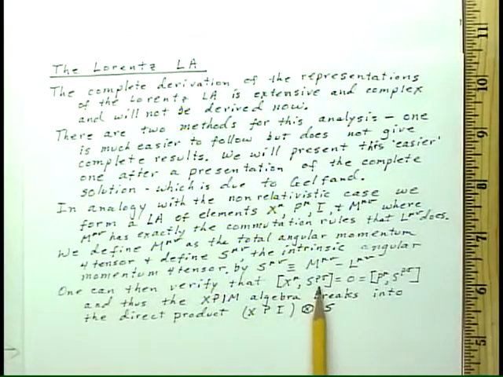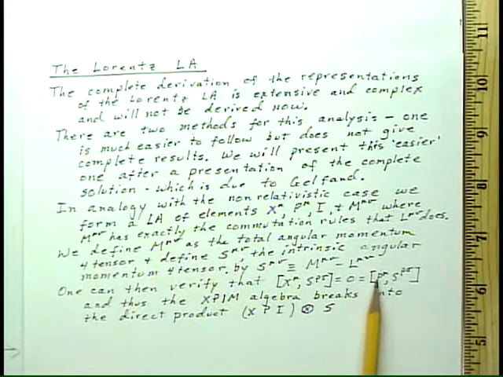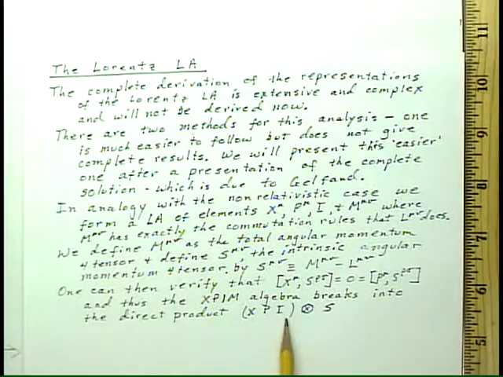It's easy to verify that the S's commute with the X's, and the S's commute with the P's. And therefore, the x, p, I, M algebra breaks into a direct product of a relativistic Heisenberg algebra and an algebra S. This S algebra is the Lorentz-Lie algebra. And what this enables us to do is something incredibly powerful.